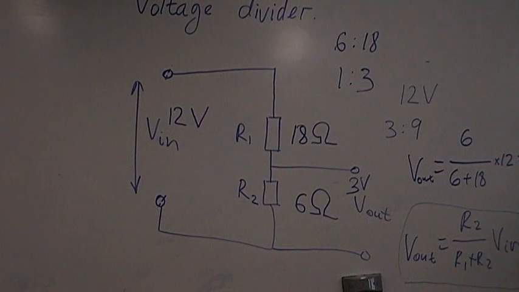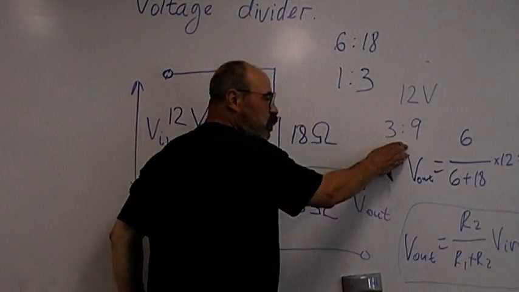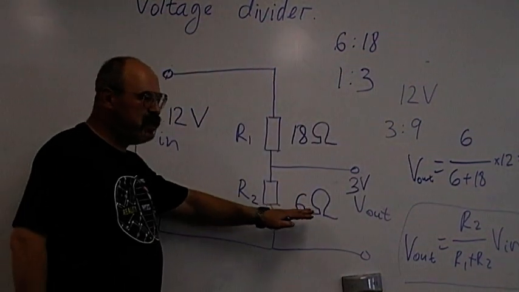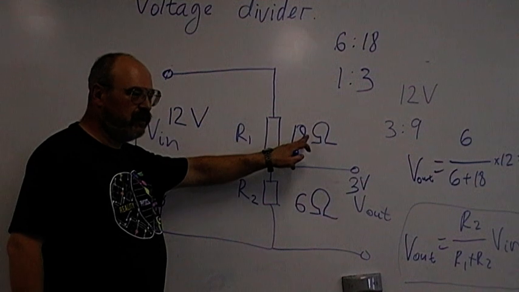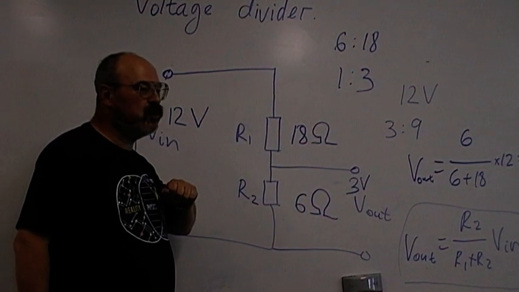So using ratios, we can easily find how voltage is shared. I don't understand how you got from 12 volts to 3 to 9. We have a ratio of resistances, 1 to 3, so voltages have to be in the same ratio.